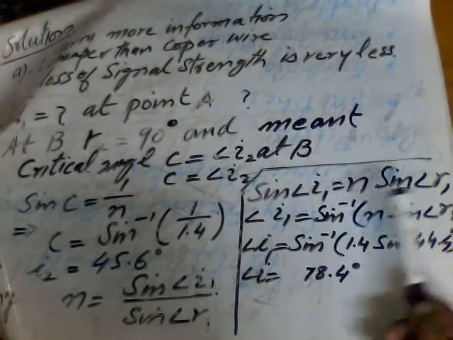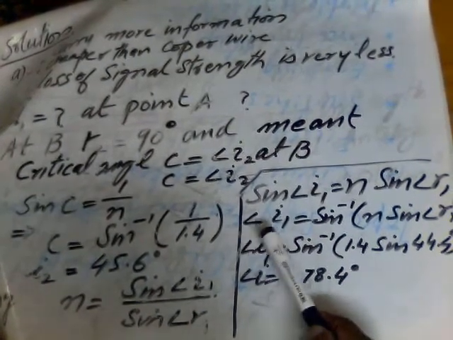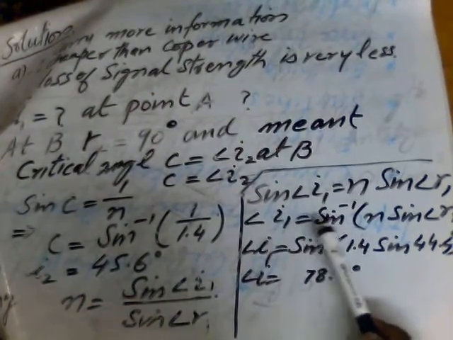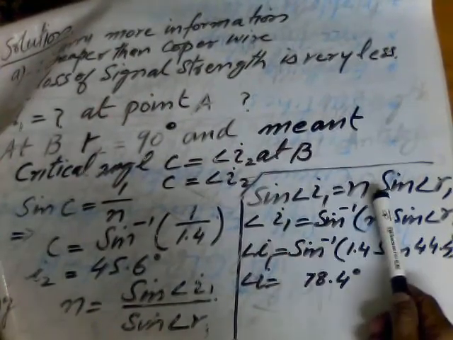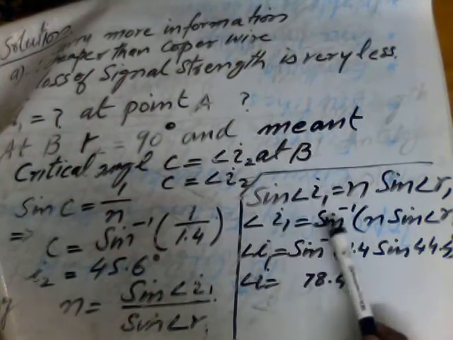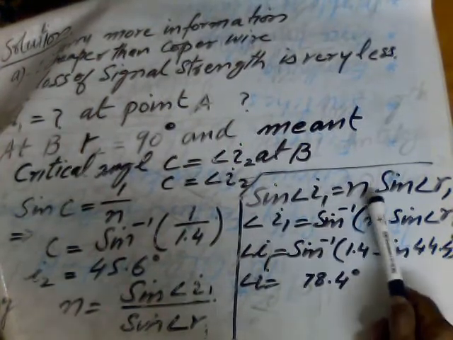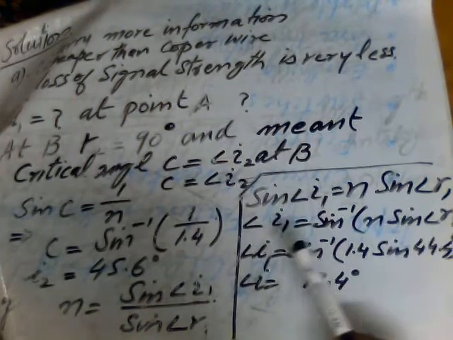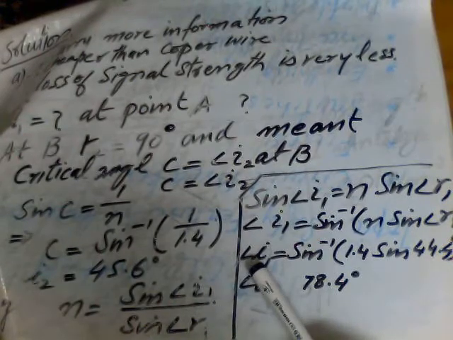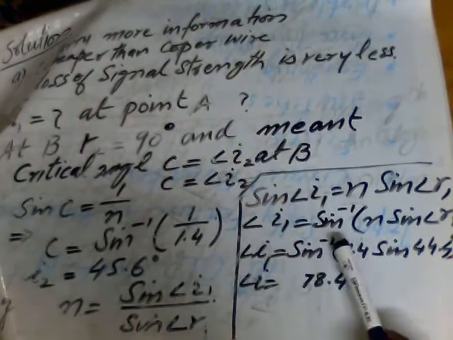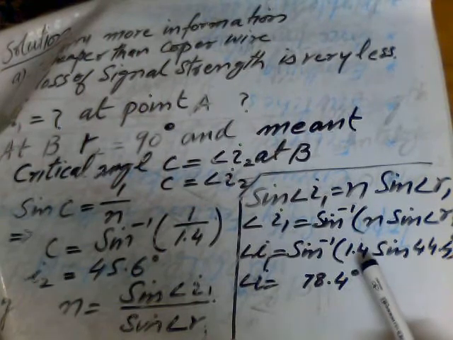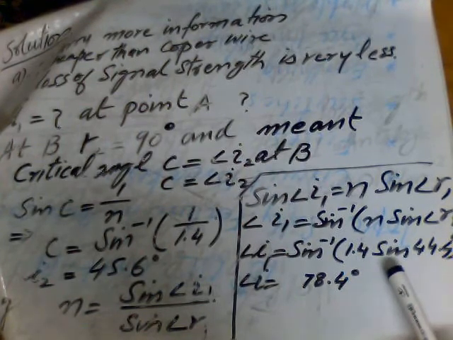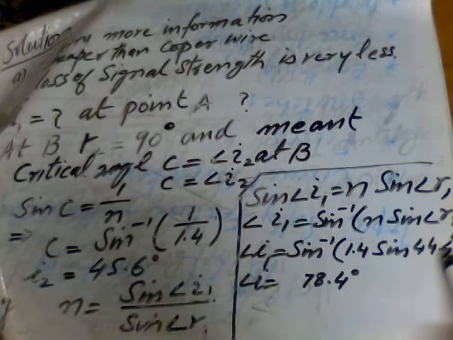R1 we have already found. Angle I1 is equal to inverse of sine, n sine angle R1. Now angle I1 is equal to sine inverse of n, 1.4, which is given as the refractive index of glass fiber, times sine 44.4 degree.